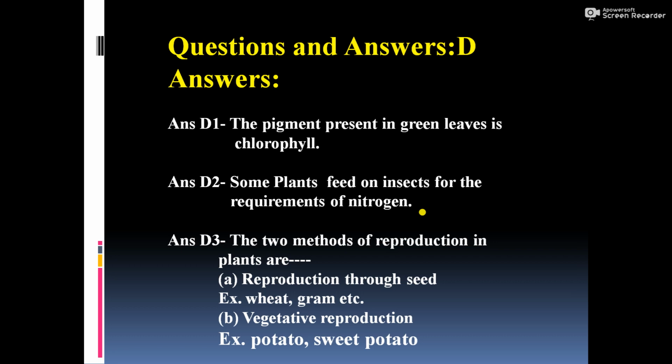So just see the answers of these D. First answer is given as D1. The pigment present in green leaves is chlorophyll. Due to chlorophyll, children, the plants are green. Understood? Second answer is, some plants feed on insects for the requirement of nitrogen. Just as I explained to you, nitrogen is very necessary for the growth of the plant.